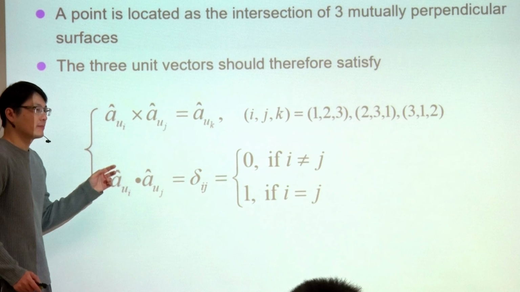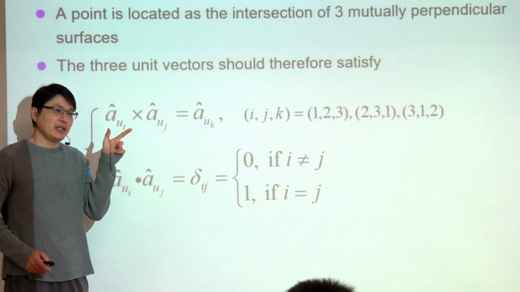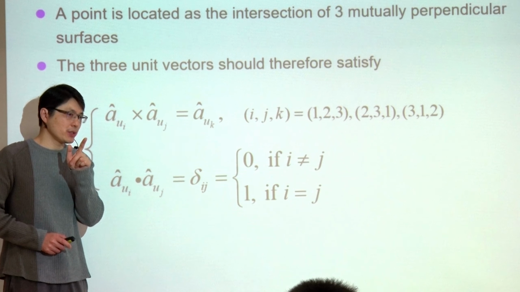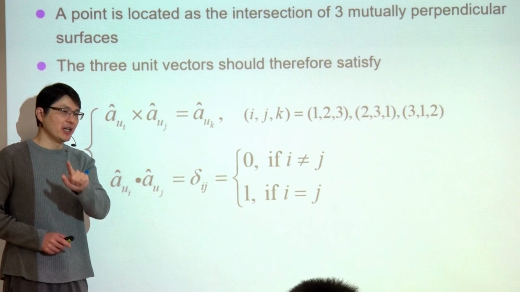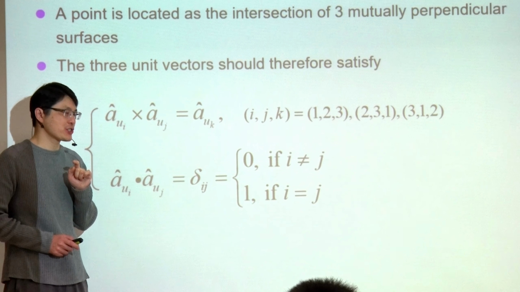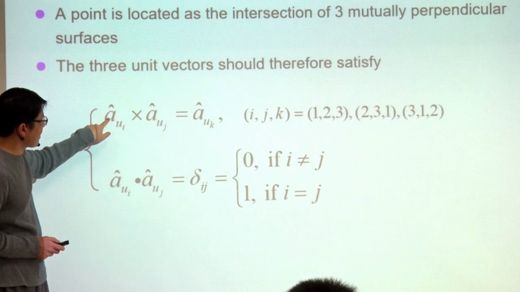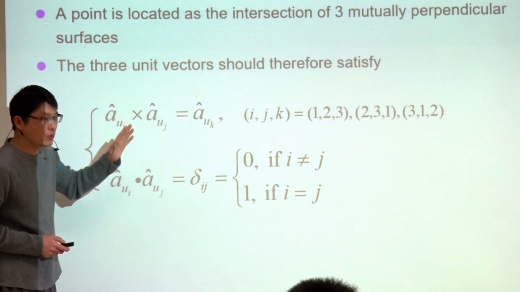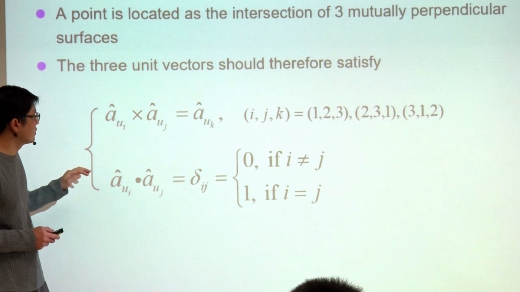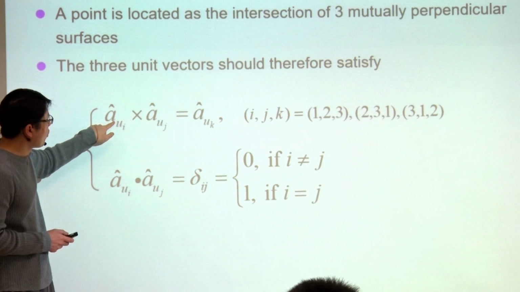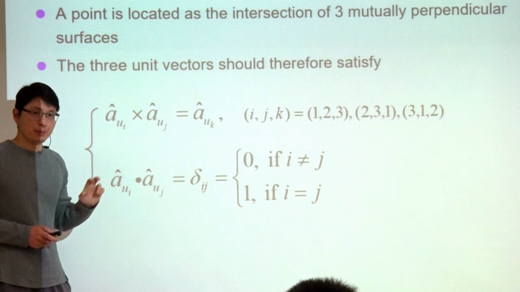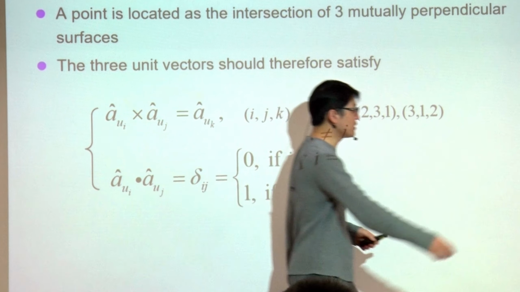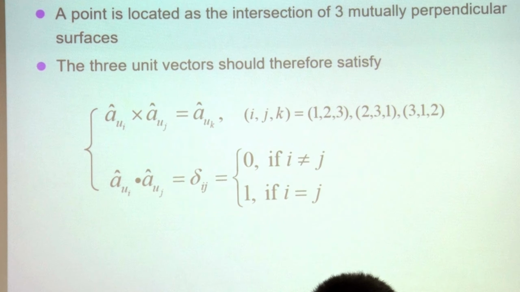Therefore, each two are being perpendicular, so this is what you should apply from what you just learned to the definition. A unit vector, first one, second one, right? I and j can be 1, 2, 3, 2, 3, 1, 3, 1, 2. For example, A1 cross A2 should be A3, right? So this is the definition of orthogonal coordinate.